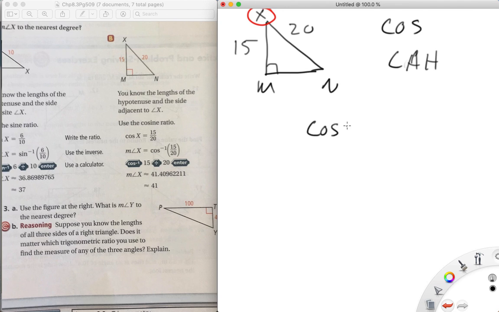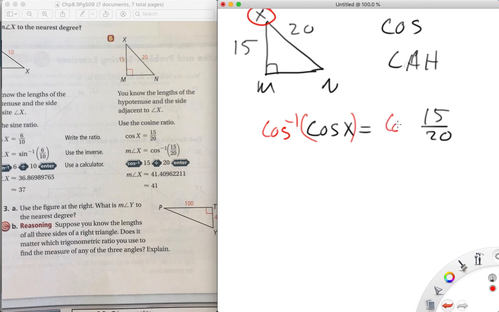So cosine of X is equal to adjacent over hypotenuse. But again, I don't want that, and you can simplify that to 3/4 if you want, but I don't want that. I want the angle. So in order to get the angle, I'm going to inverse cosine.